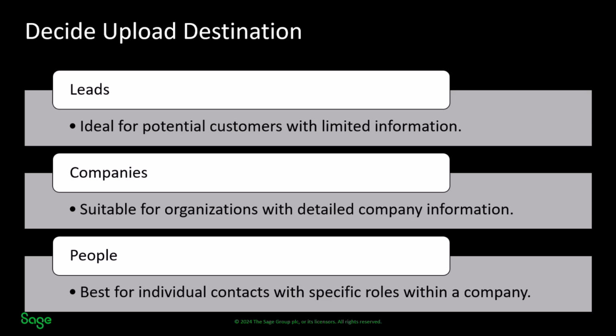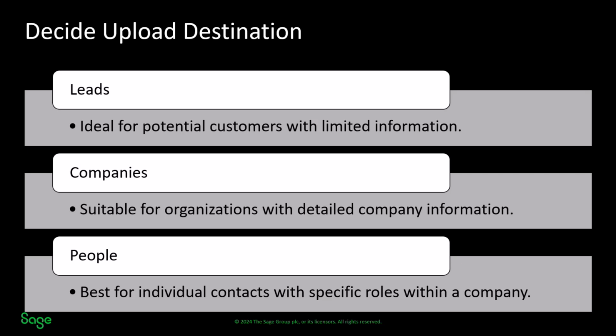So if you might have basic information like an email address, a name of a person, potentially a company name, then that might be suitable for starting with lead information. And if you have more detailed information like company information, including all the way down to the physical address, various phone numbers, the website information, along with contact details for an individual, then that would be going ahead and creating a company record with associated person records.